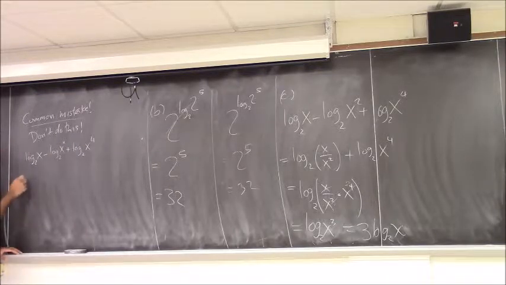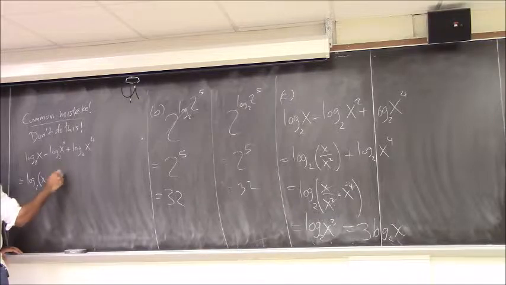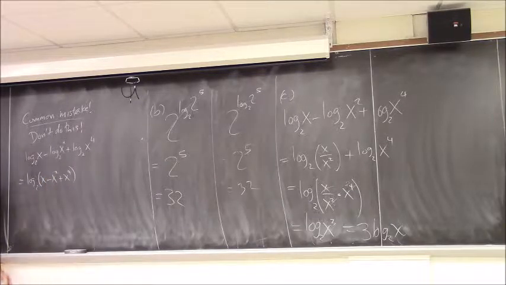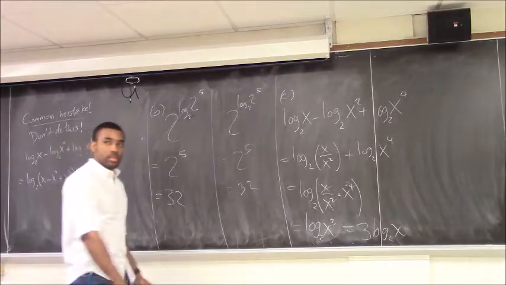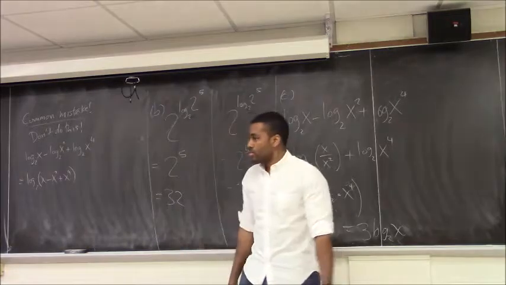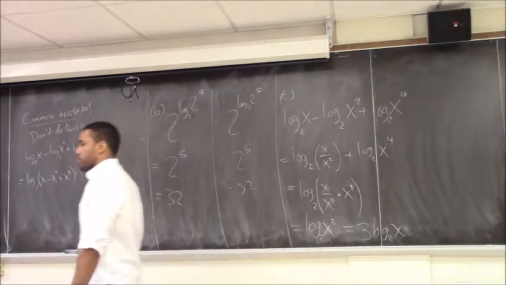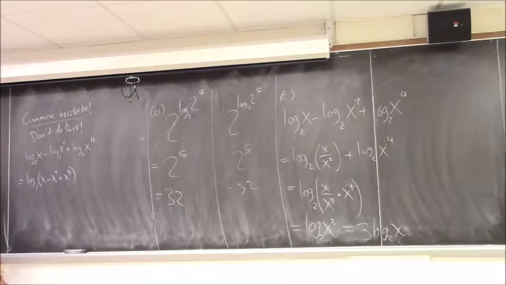They would think that this is log to the base 2 of x minus x squared plus x to the 4th. And why would that be wrong? Because you're not simply subtracting the x and the x squared. When you separate a log like that, you have to divide.